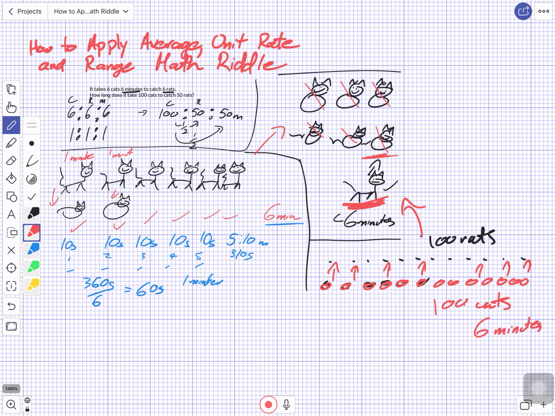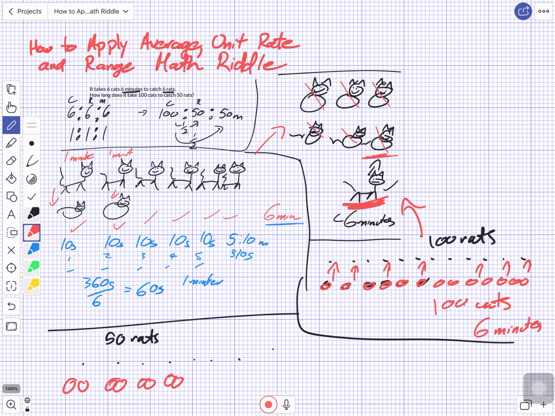Now, it is very possible that cutting the number of rats down to 50, so we have 50 rats, and we have 2 cats for each of those rats. Here we go, we have 2 cats at each one.